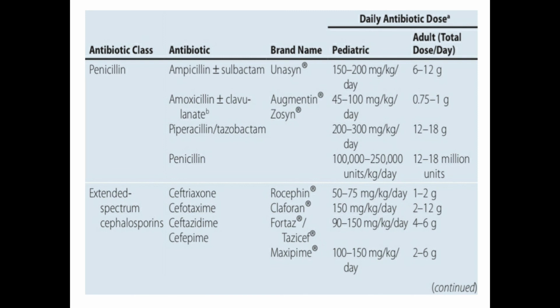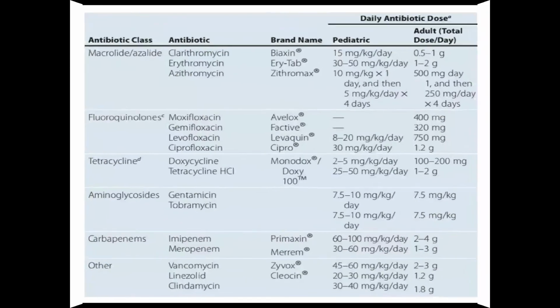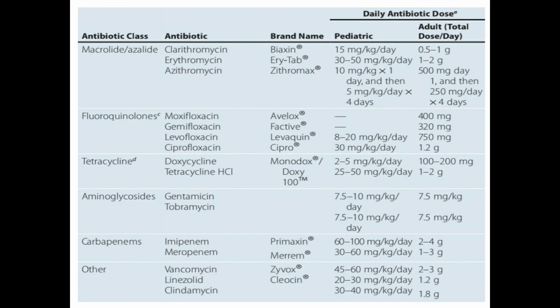In case of extended spectrum cephalosporins, we are using ceftriaxone, cefotaxime, ceftazidime, and cefepime. And among macrolide or azalide, we are using clarithromycin, erythromycin, and azithromycin. Moxifloxacin, gemifloxacin, levofloxacin, and ciprofloxacin are the useful fluoroquinolones in bacterial pneumonia.